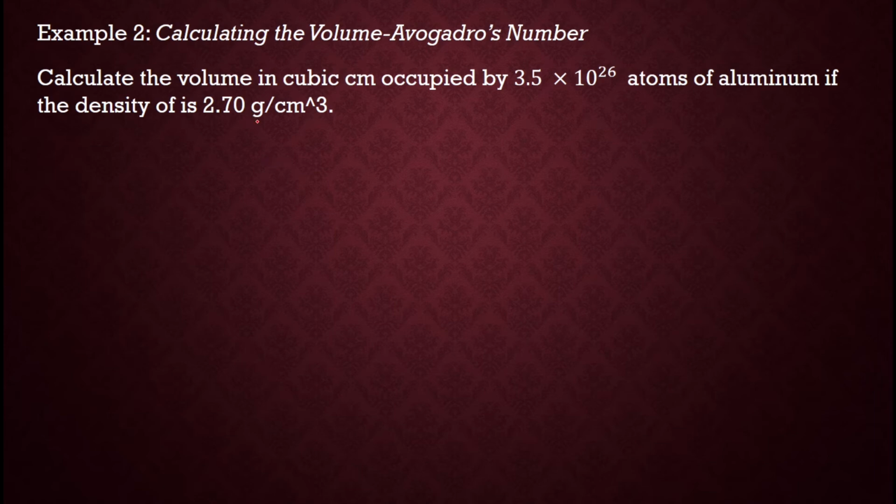Another example is calculating the volume from Avogadro's number. Calculate the volume in cubic centimeters occupied by 3.5 times 10 to the power 26 atoms of aluminum, if the density of aluminum is 2.7 grams per cubic centimeter.